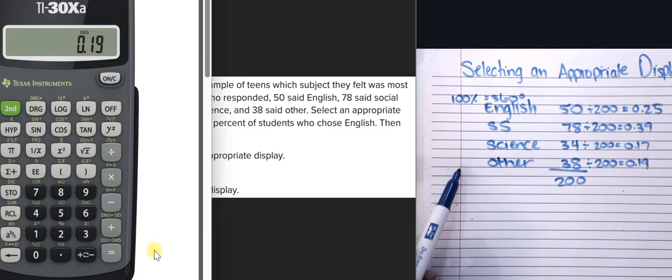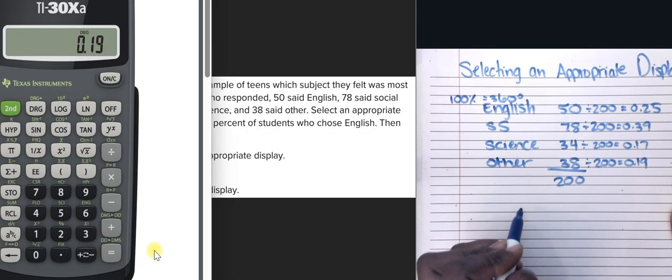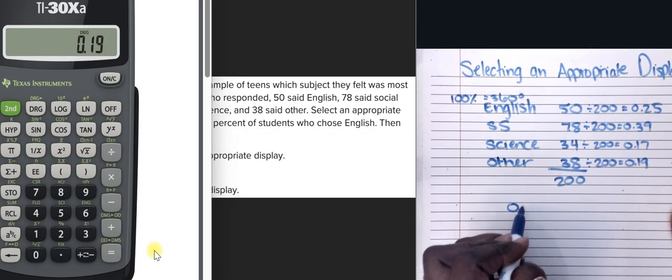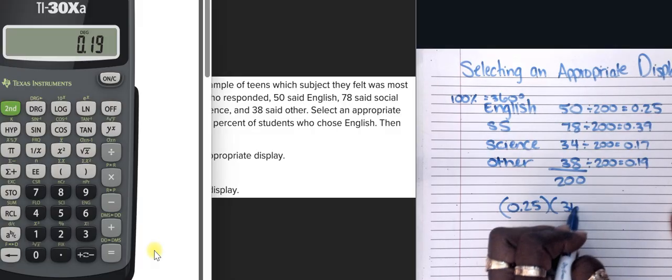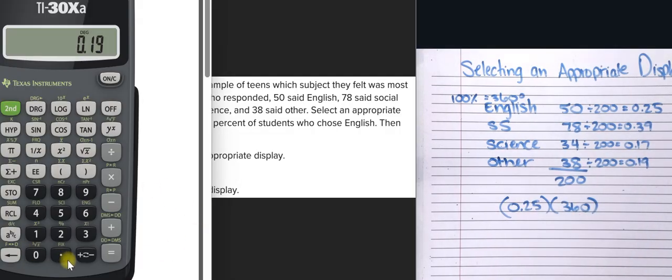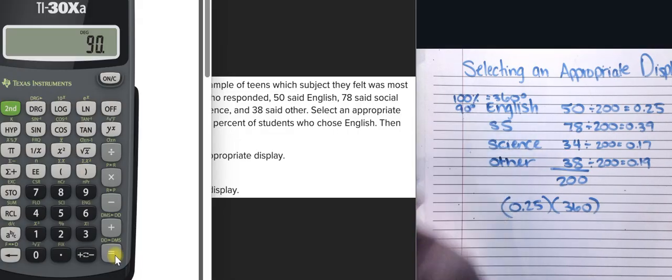So to find the degrees, you take each of those percentages. We have 25% for English, and we multiply that by 360. Multiplying 25% by 360 gives 90, so we have 90 degrees for English.